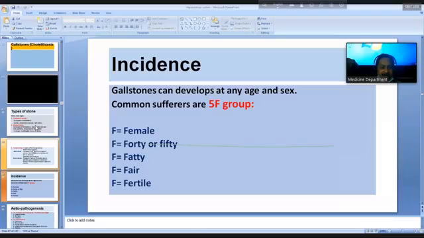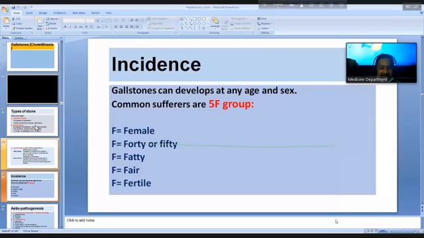F for female, F for 40 or 50 years of age, F for fatty, F for fair, and F for fertile.